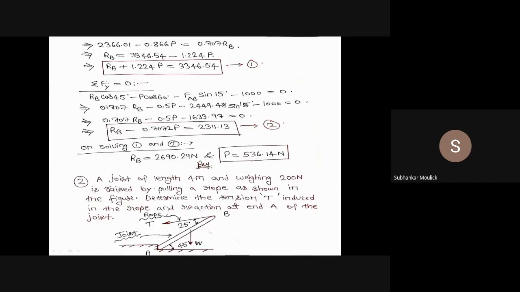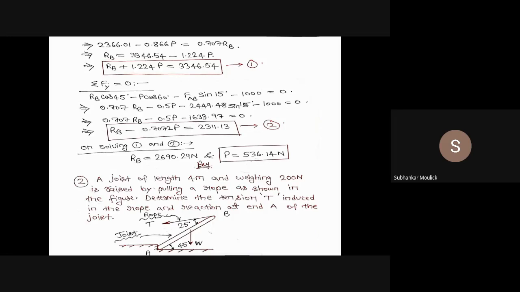This will be the expression for summation of Fy equal to 0. Again, RB sin 45 is 0.707, cos 60 is 0.5, FAB we have already calculated, that is 2449.48 into sin 15, minus 1000.